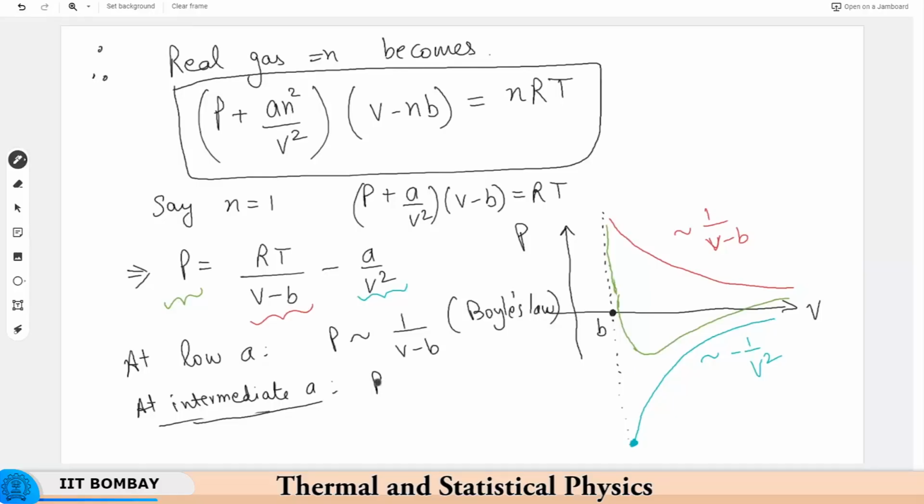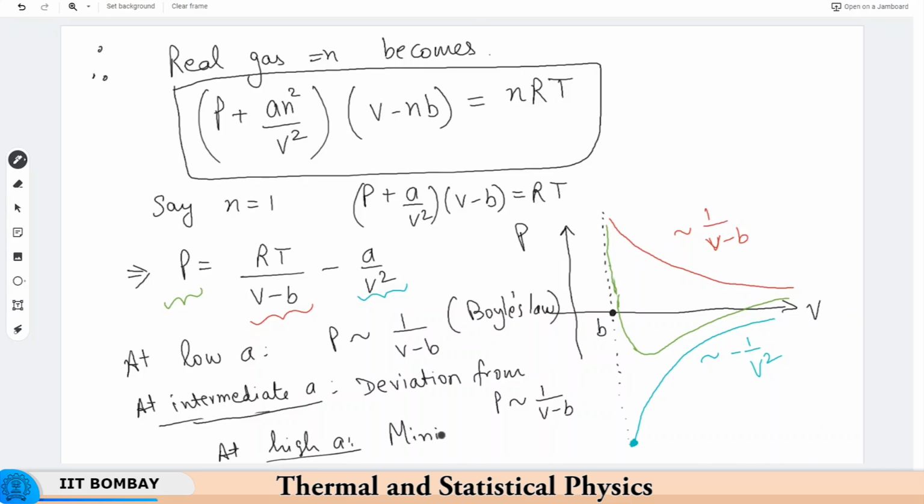So there is a deviation from P scaling inversely as V minus b. But at high a, you can see that there is a minimum that we observe.